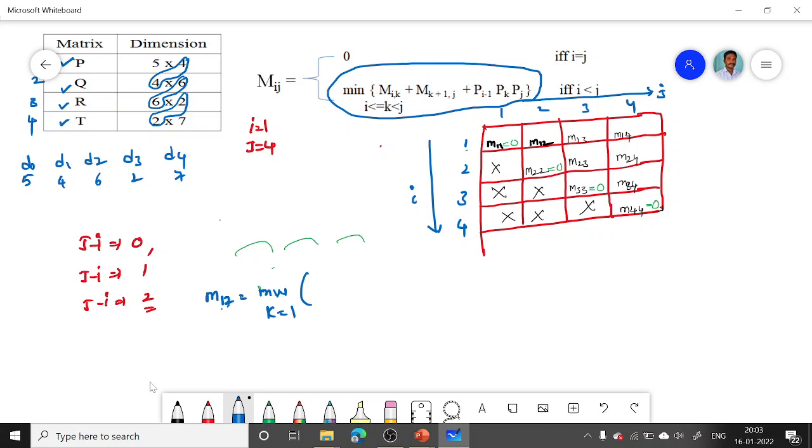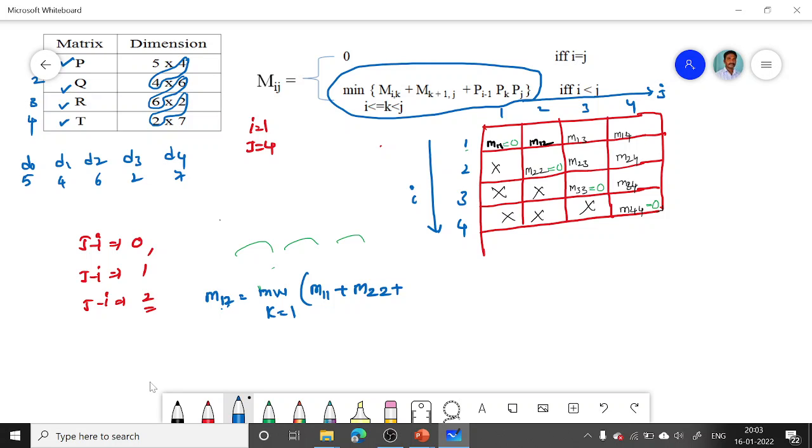Okay. So these values as well, these equations must be stored and maintained. Then only you will find which possibility gives the minimum number of multiplications. So M12 with K equal to 1 becomes M of 1 1 plus M of K plus 1, J: K is 1, K plus 1 is 2 and J is 2, M of 2 2 plus.